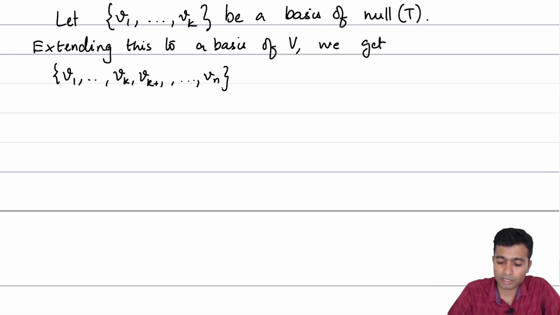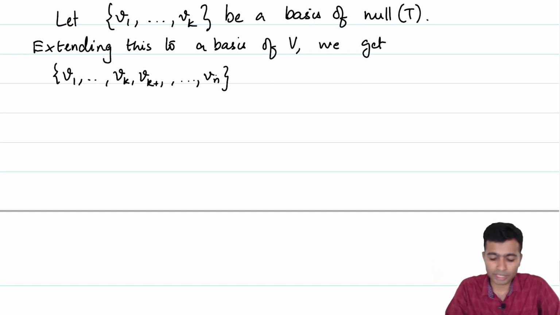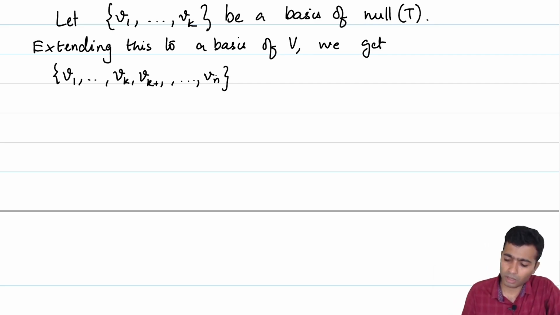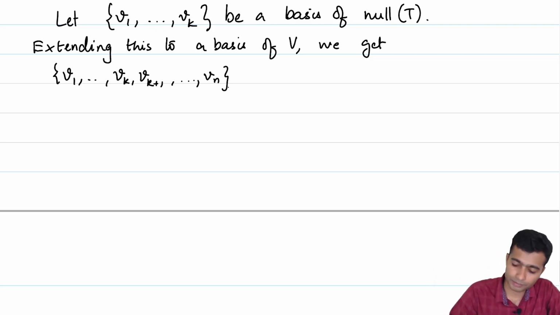Now a spanning set which has size n should necessarily be linearly independent again. So this is a basis which can be obtained that way. It's a corollary which we had done. I'm just recalling the proof of that particular thing. Alright, so we extend it to get a basis of V.